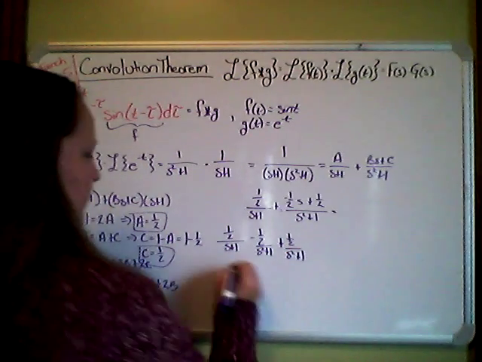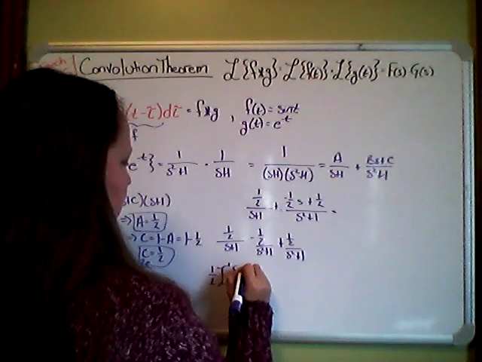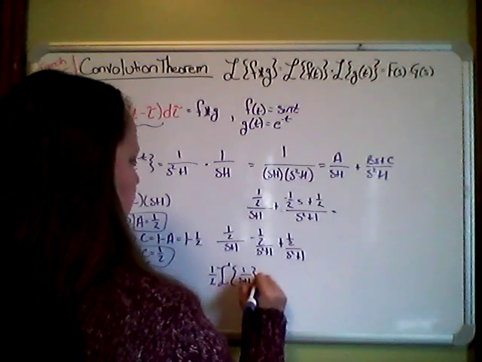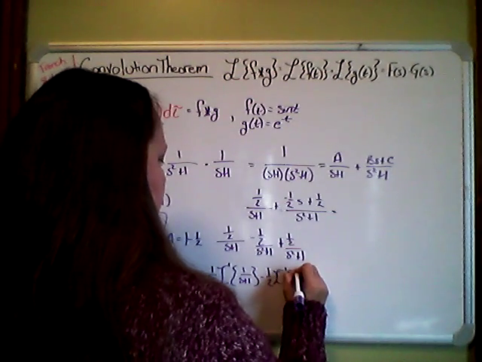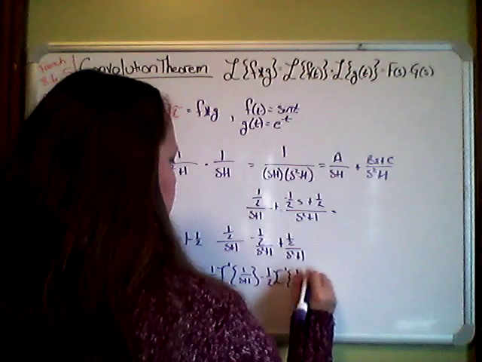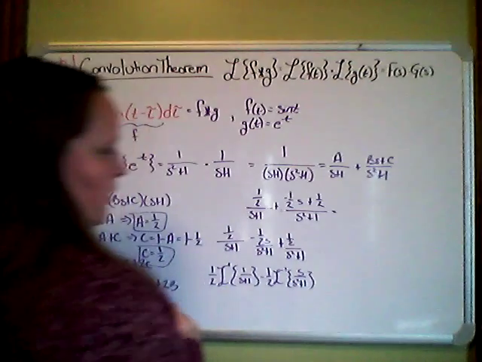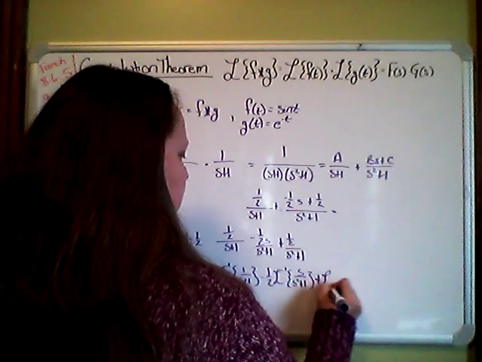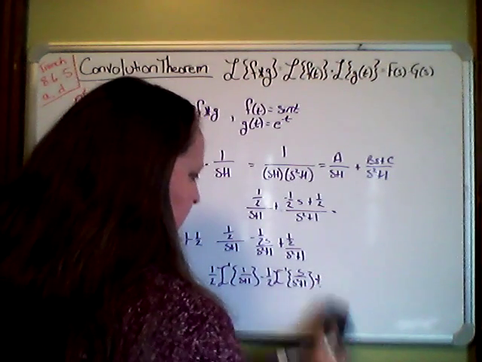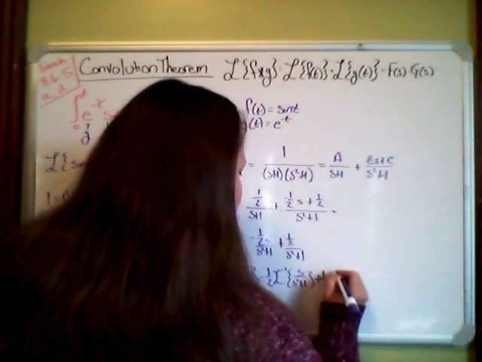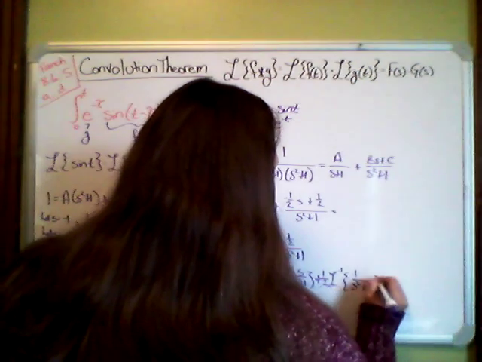Now taking the inverses of all of these, we will have 1/2 the Laplace inverse of 1 over s plus 1, minus 1/2 times the Laplace inverse of s over s squared plus 1, plus 1/2 of the Laplace inverse of 1 over s squared plus 1.